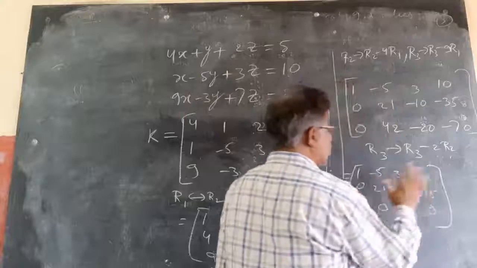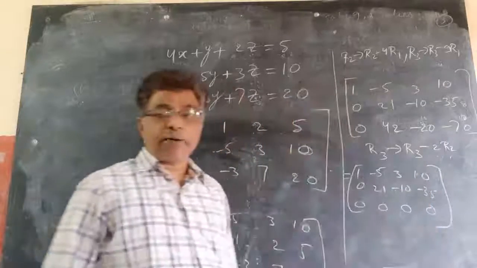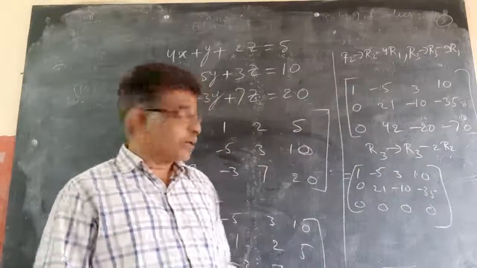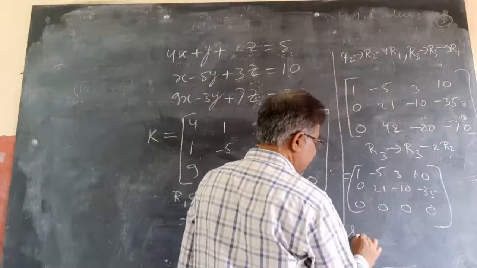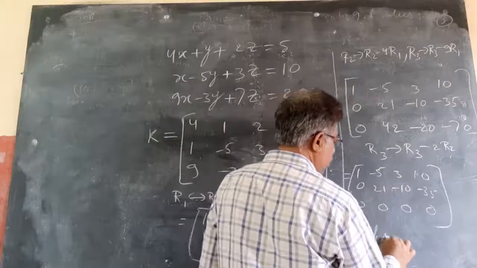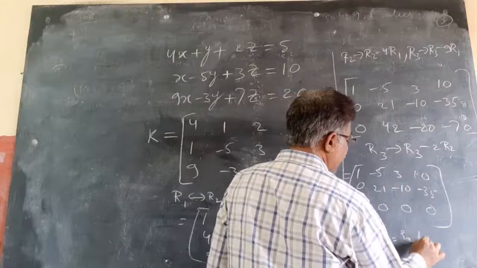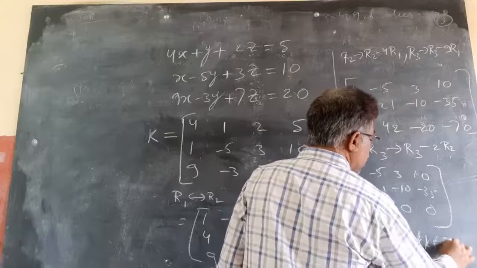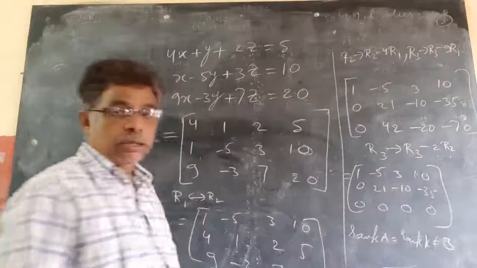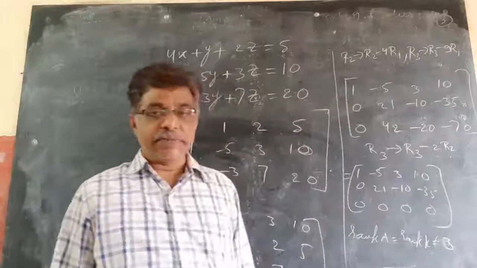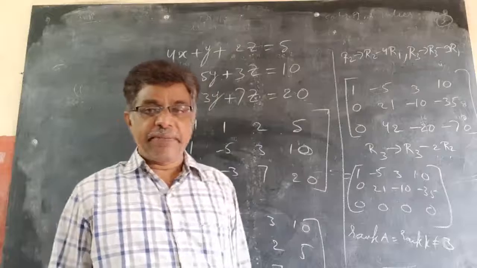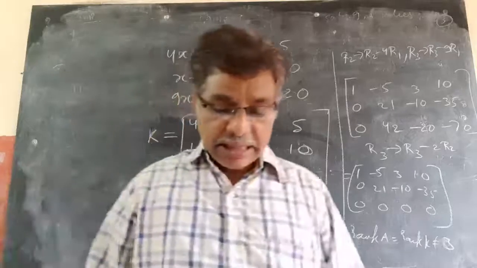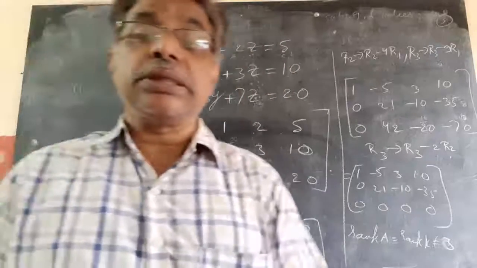Rank of A is 2 and rank of K is also 2, which is not equal to the number of unknowns. So rank of A equals rank of K equals 2, not equal to 3, the number of unknowns, which means infinitely many solutions. So your answer is infinitely many solutions.